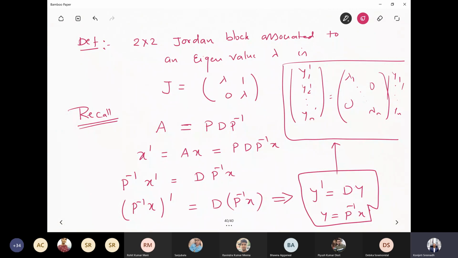You have solutions: y1 is e power lambda 1 t, y2 is e power lambda 2 t. So this one you can write as e power t into t, just as notation. I don't want to write it as the exponential of a matrix, but as a notation.